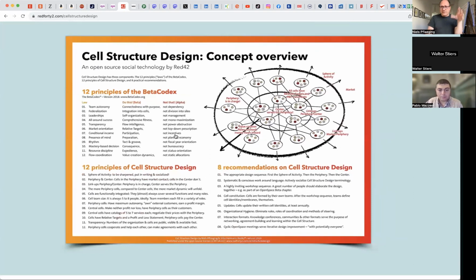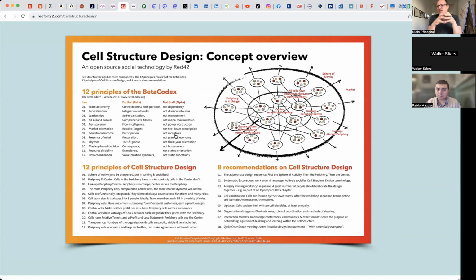Of course, we have thought this through upside down. Where can this be applied? What are the limits of use? And we came up with the following definition, let's say. We believe that this can be used in every organization, everywhere. However, cell structure design gets most interesting when a company, an organization has more than, let's say, 15, 20, 30 people. Then it gets much juicier, much more interesting.